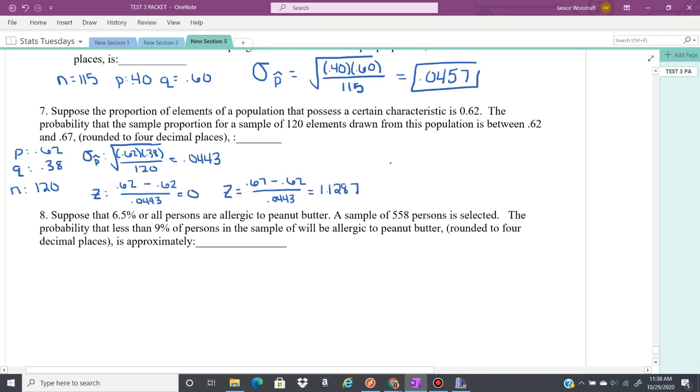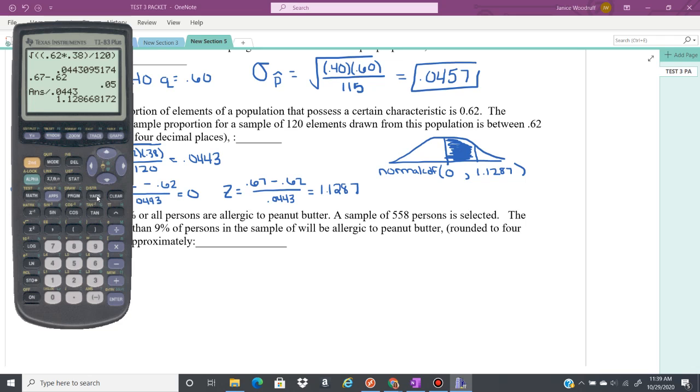Okay, and then if I draw this, that means what is the area between 0 and 1.1287? So this shaded area right here. So we will go normal CDF, and then a lower limit of 0, an upper limit of 1.1287.